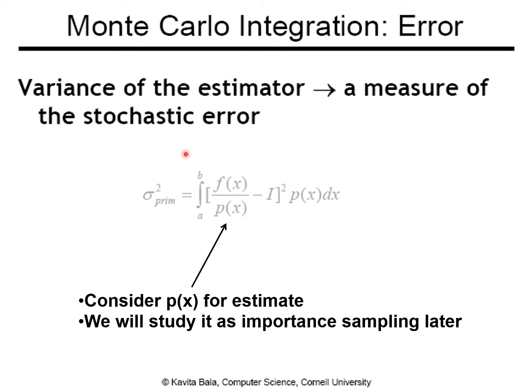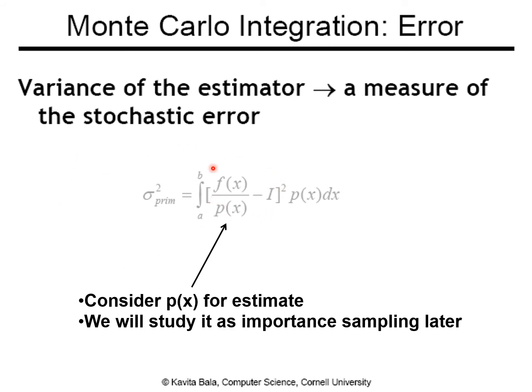So far we talked about the average, but we need to think about what the error of the Monte Carlo integration is. To measure the error, we can simply use the variance of the estimator. This is nothing but a measure of the stochastic error.